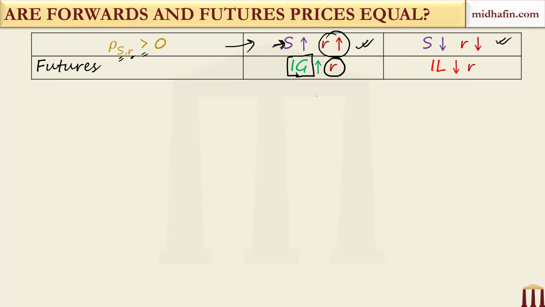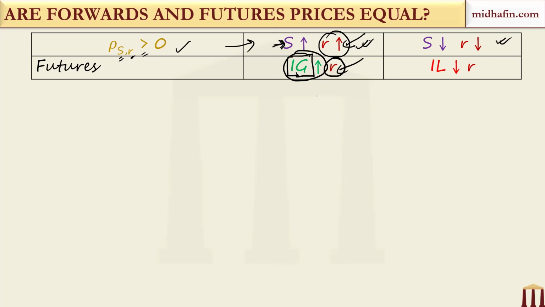This should be clear to everyone, I need a yes from everyone. If the futures position is gaining in value, then because of the positive correlation, the interest rate is also increasing, and these increased gains are being invested at a higher interest rate.